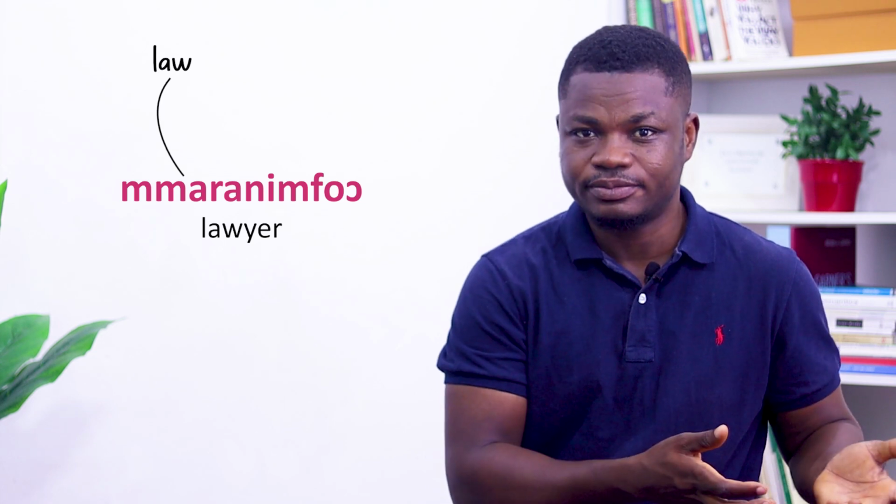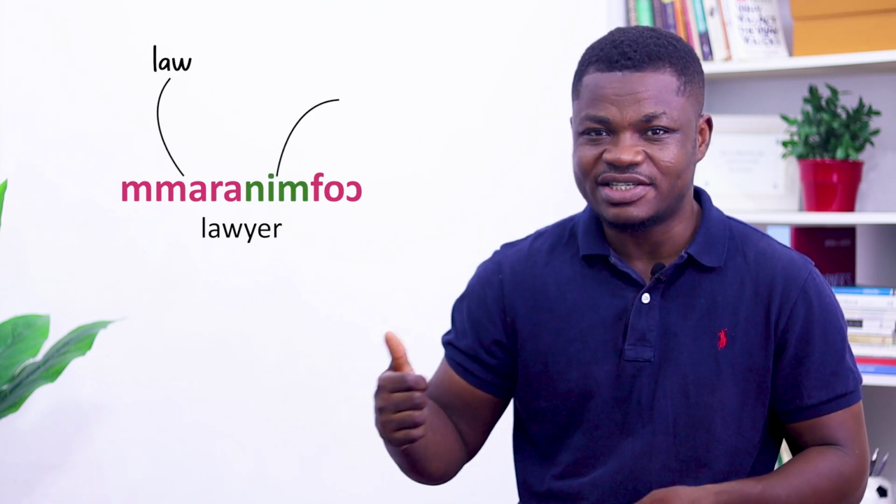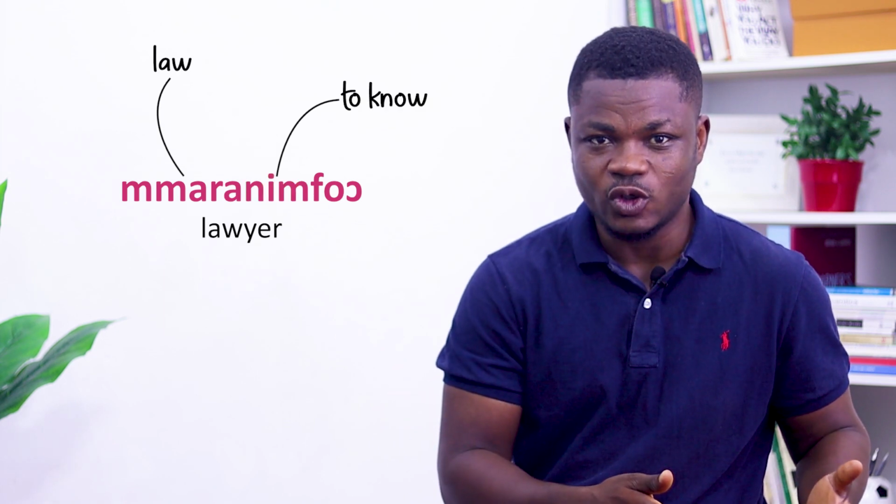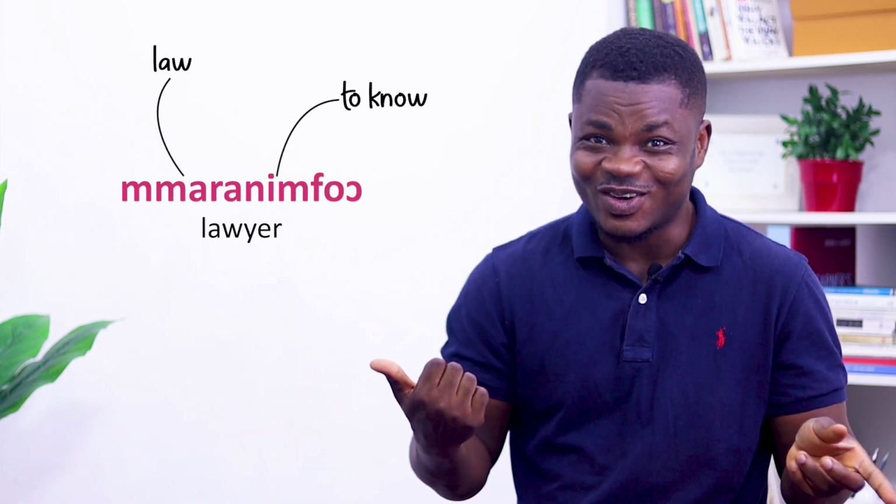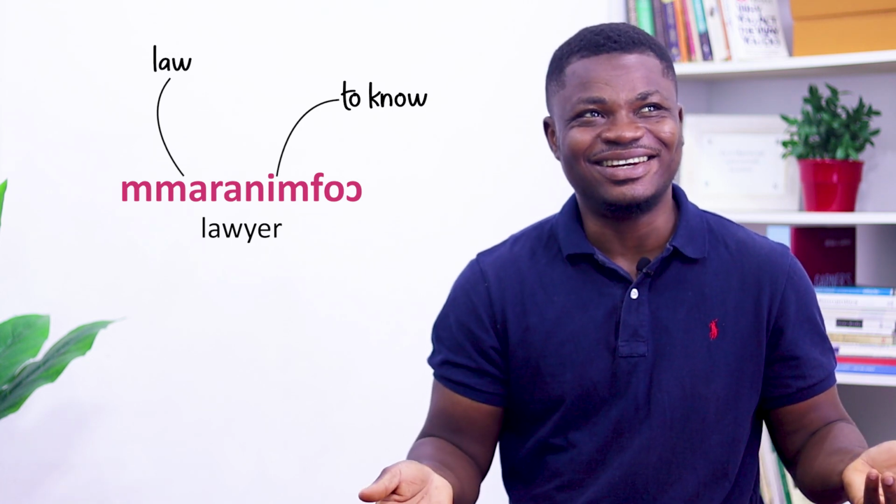Now, mra. So what starts this? We have mra, and mra is the law. Nim is a verb, which is to know. And then we have our person suffix. So a person who knows the law is a lawyer. Mranimfo. Not exactly in English, right?